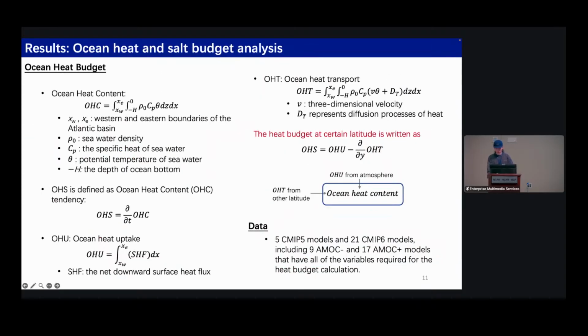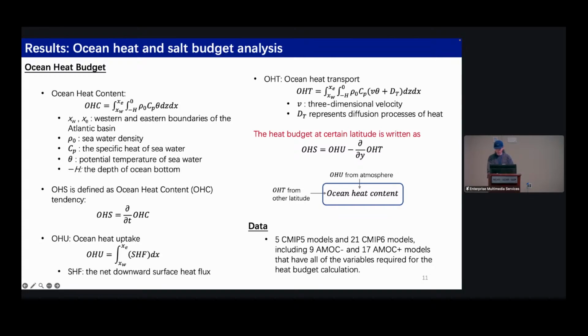And the next part, to quantify the impact of the weakened AMOC on the warming hole formation and to identify the physical mechanism behind it, we performed the ocean heat and salt budget analysis.